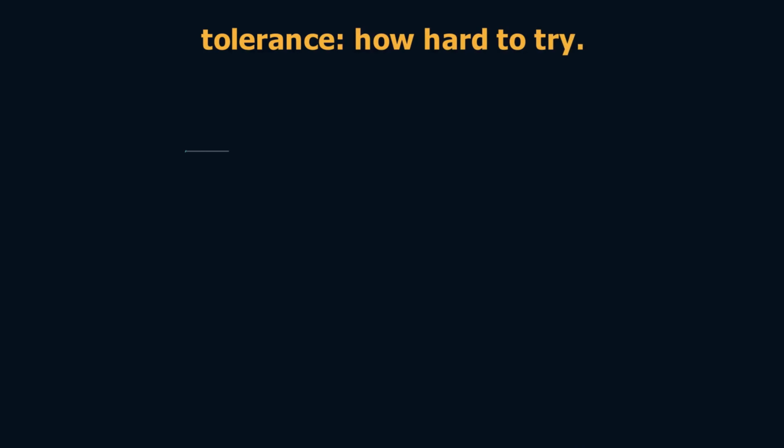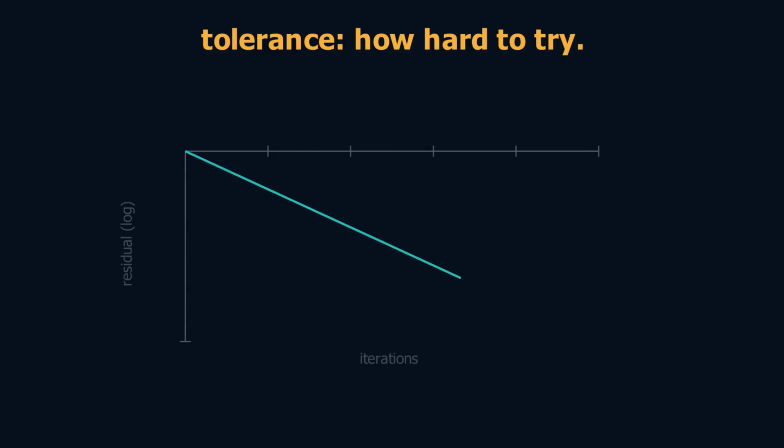Two numbers in there decide when the solver stops, tolerance and relative tolerance. To understand them, you need one idea, the residual. The residual measures how badly the current guess fails to satisfy the equations. Big residual, bad guess. Each iteration the solver drives it down. Tolerance is the finish line.